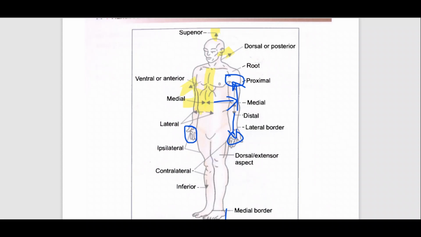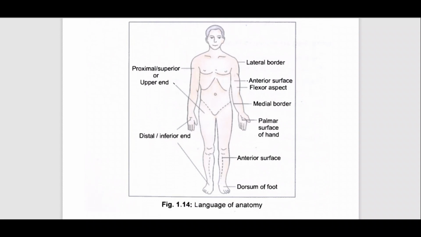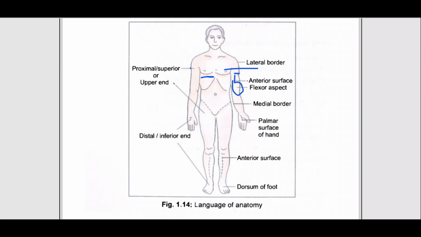Now, यहाँ पे look here. This right hand and right leg, they are ipsilateral to each other, but the right hand and left leg they are contralateral to each other. Now again, this is your inferior aspect, this is your superior aspect of the body. अच्छा, इसको भी अगर मैं बता दूँ, so this is your lateral border, ये आपका medial border है, ये lateral border है, this is your anterior surface, this is your flexor aspect, and this is your proximal or superior end.